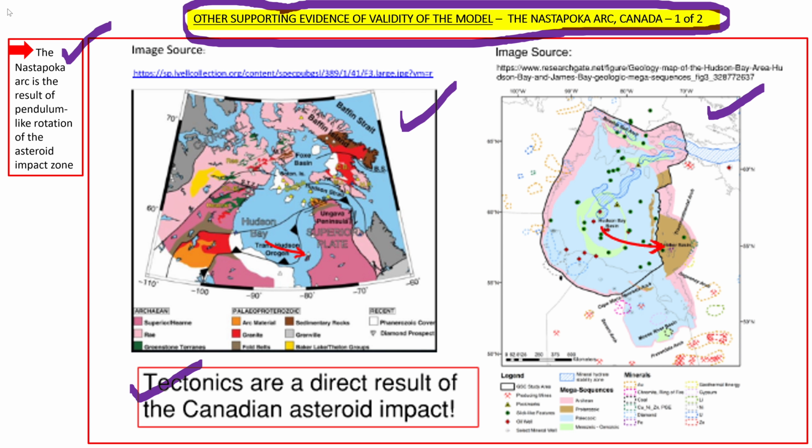The first map on the left shows rock formations that are mapped. The second one on the right shows minerals and things like that. Okay, I drew in the red arrows of what I claim is the pendulum-like motion around that asteroid impact center. Basically, all the action came down and then rotated, came down, as I'm showing on each of these, and then rotated, as shown in the red arrow.